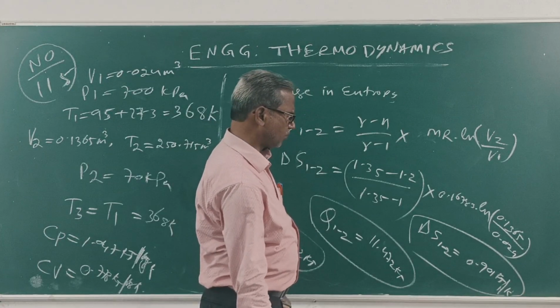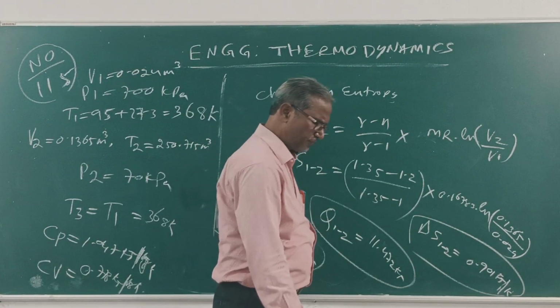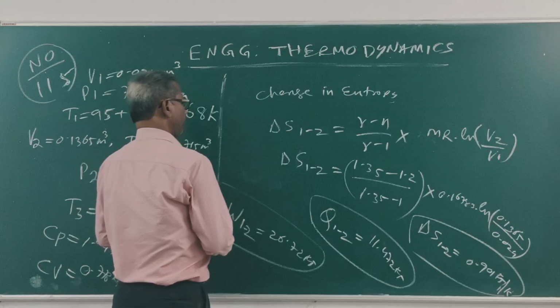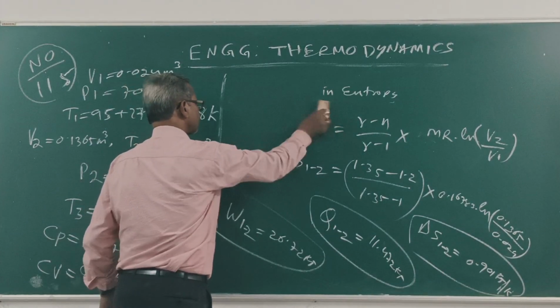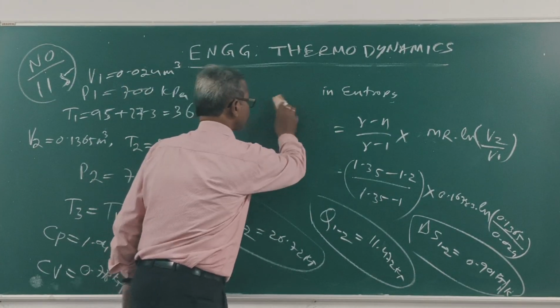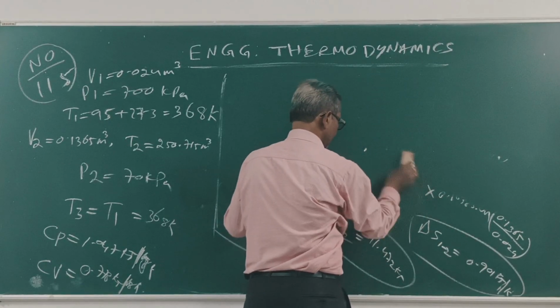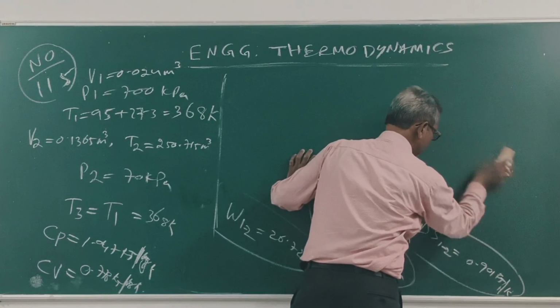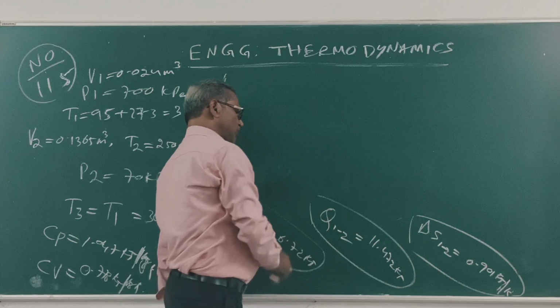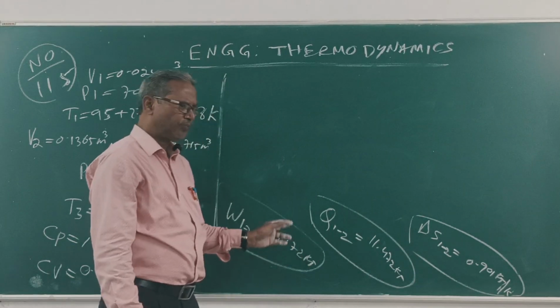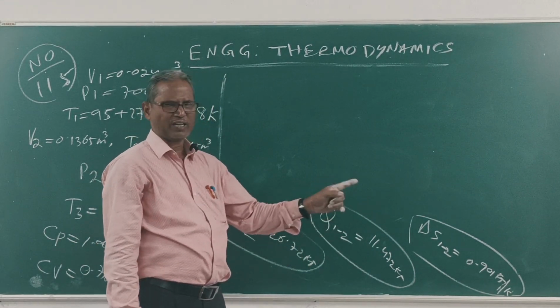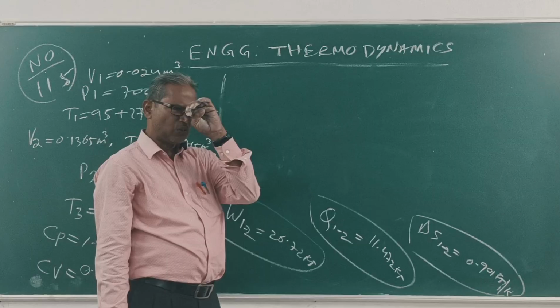Next, come to process 2-3. These are the values W12, Q12, delta S12 for process 1-2.